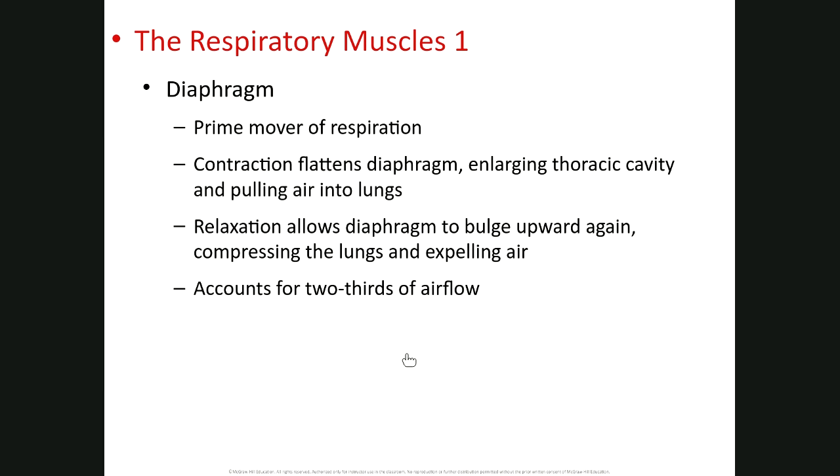Let's start with the primary muscle of respiration, the diaphragm. We also call it the prime mover. The diaphragm contracts, and when it contracts, it actually caves downwards. Imagine the diaphragm as it is, and then it contracts, it actually gets lower. It contracts by itself, so it brings with it the contraction, and it gets to a lower level.